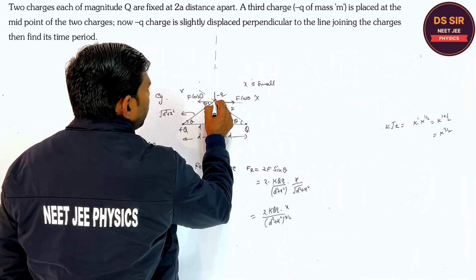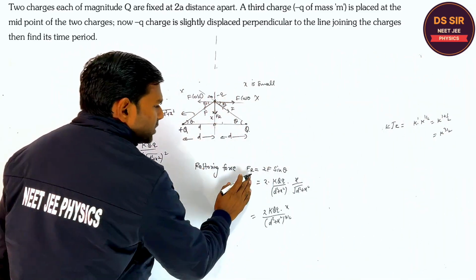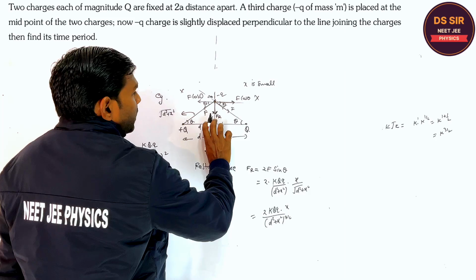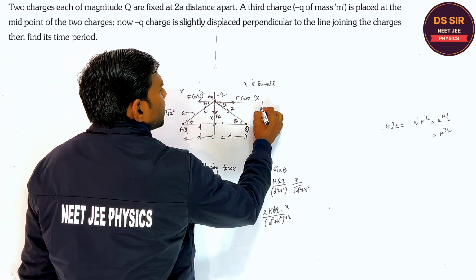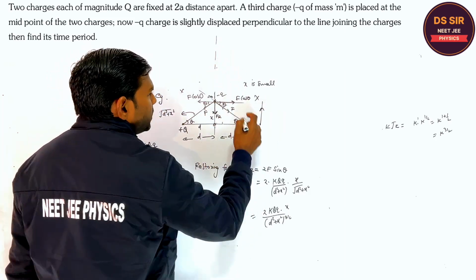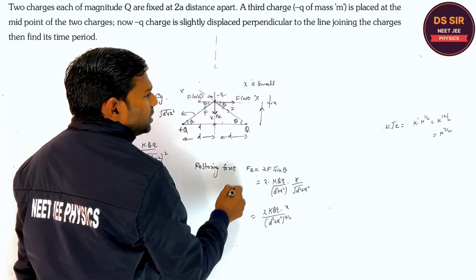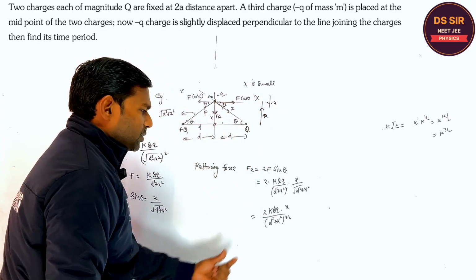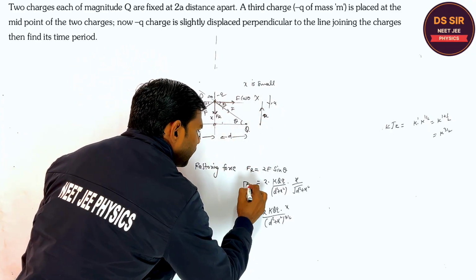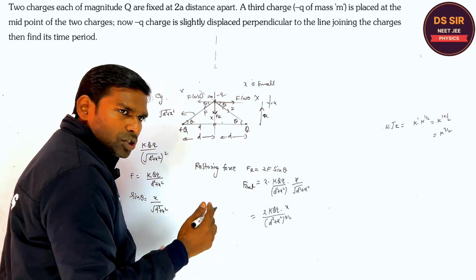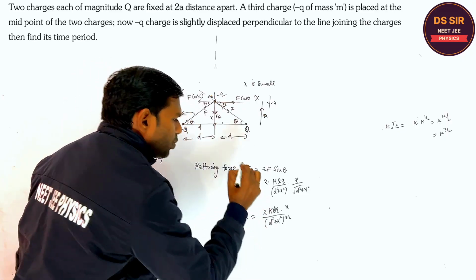Fine. If the mass is m, this is the net force. The displacement is in this direction. The resultant force is in this direction. So acceleration is opposite to the displacement. So therefore this net force, which is called the restoring force, may be written as minus m into a.